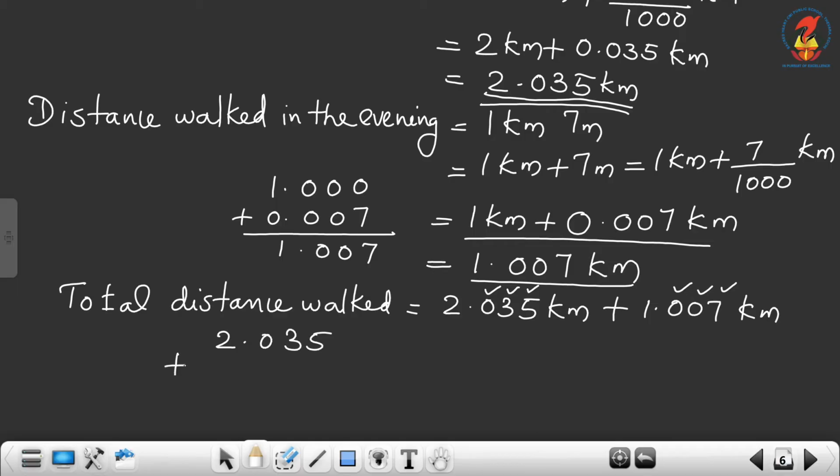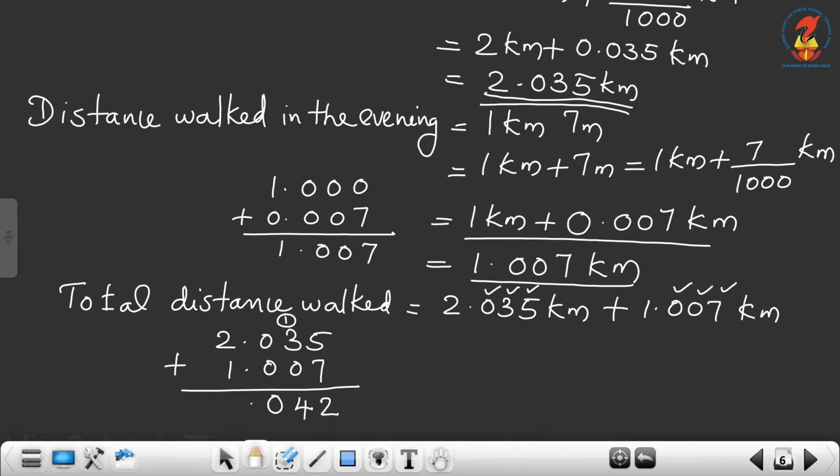2.035 plus 1.007. Now we have to add it. We start from the tenths, hundredths, thousandths, so you start from the thousandths place onwards. 7 plus 5, 12, carry over 1. 3 plus 1, 4. 0 plus 0, 0.